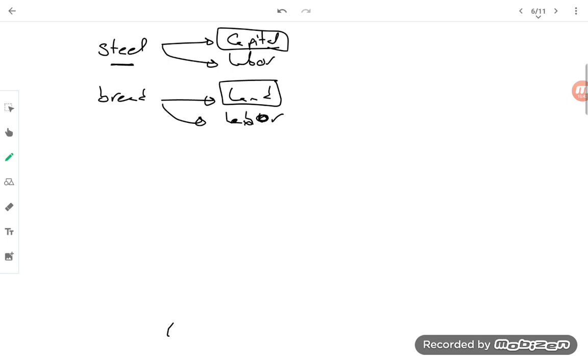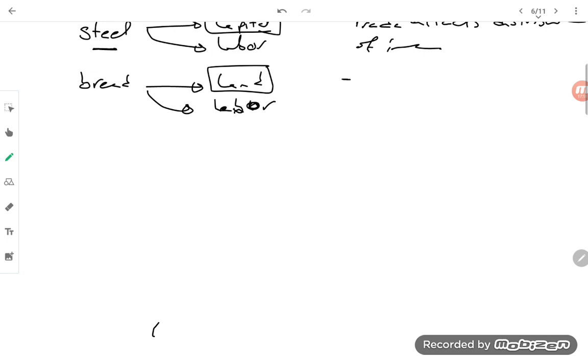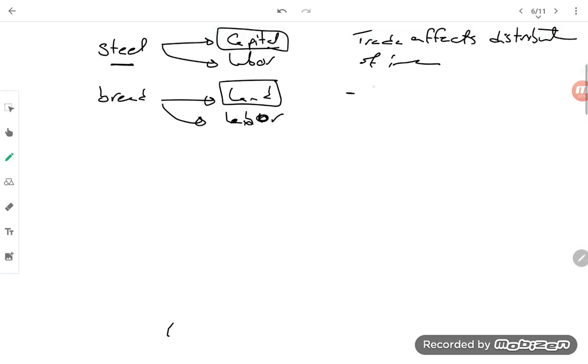Actually, this will affect income distribution within each trading nation for two main reasons. Number one, resources can't move immediately or with zero cost.